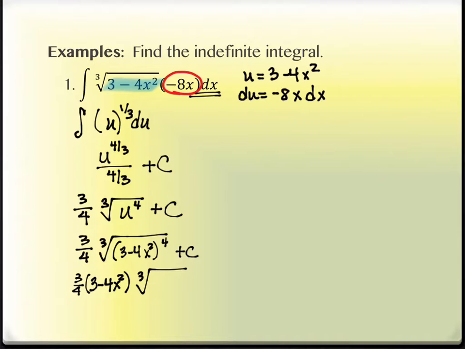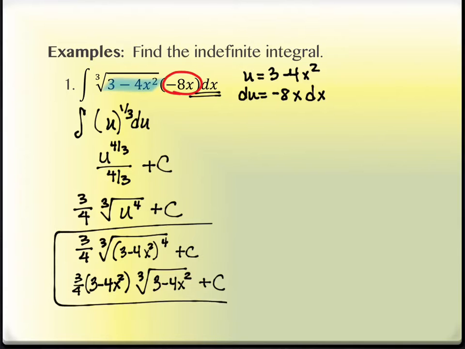It took 3 of them and pulled 1 out, and it would leave the 3 minus 4x squared underneath, and then plus c. So either of those two versions would be where we would stop. Okay, so far so good. It's the first one we've really done, outside of the setup one.